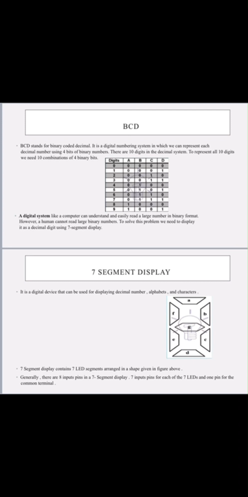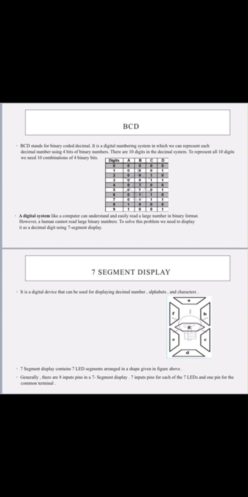To represent all 10 digits, we need 10 combinations of 4 binary bits. As you see here, truth table of BCD, we will start from 0 to 9. More than 9, we have to make correction by adding 6.